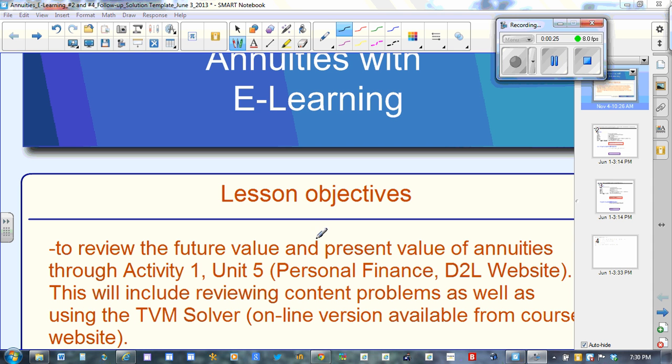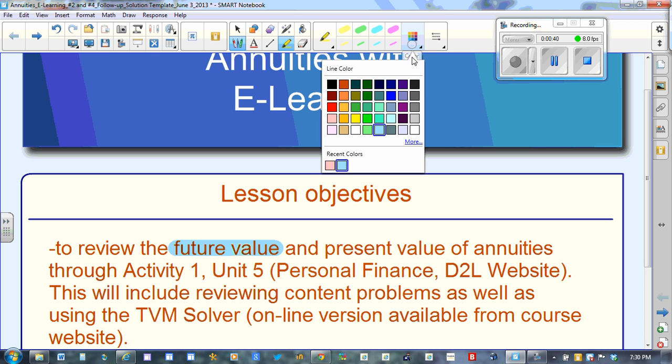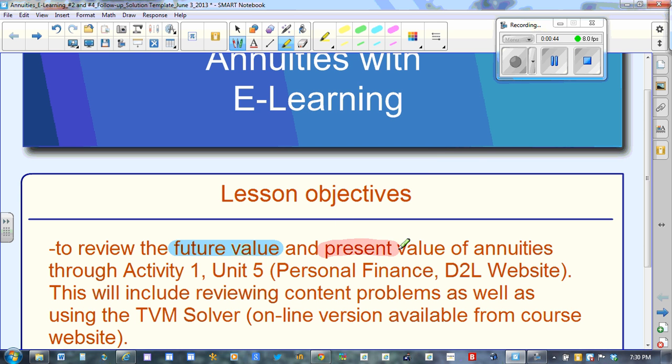We'll see two examples: one concerning future value, that is putting in or depositing money at regular intervals to generate a future value that is worth more than what you've put in to begin with. And the other situation involves present value. Present value generally deals with amounts that are loaned or amounts of money that are borrowed.